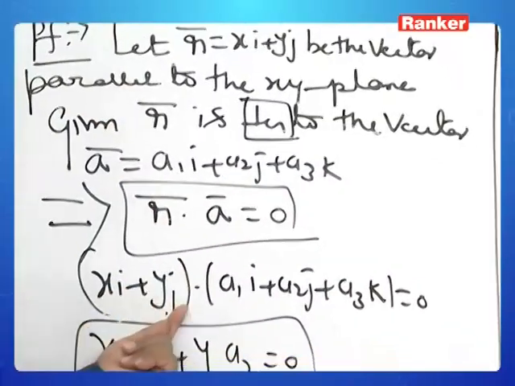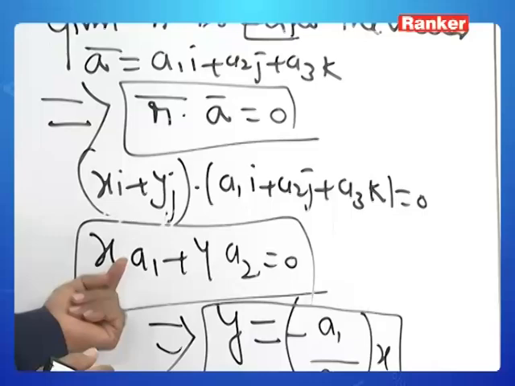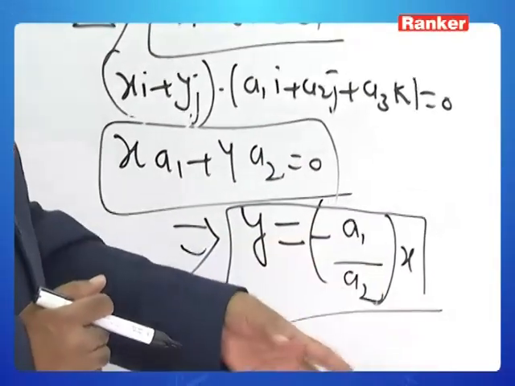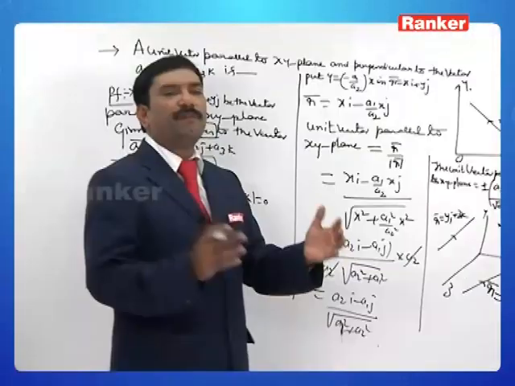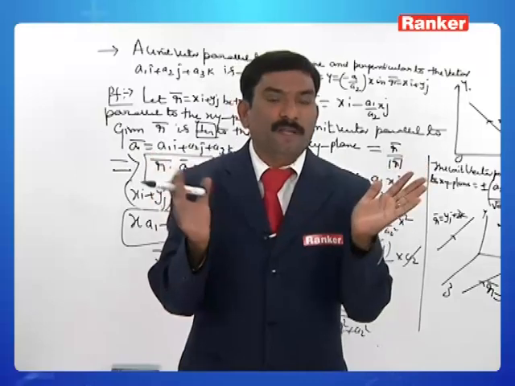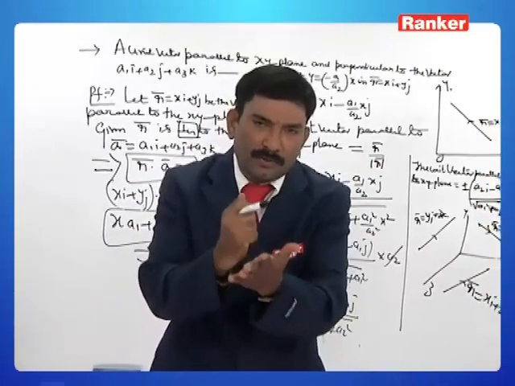Therefore, xi plus zk dot this one, then you get xa1 plus za3 is equal to 0. Therefore, z is equal to something. Next, you substitute in r bar and find out a unit vector. No need to prove separately. Then you tell me what are those unit vectors.